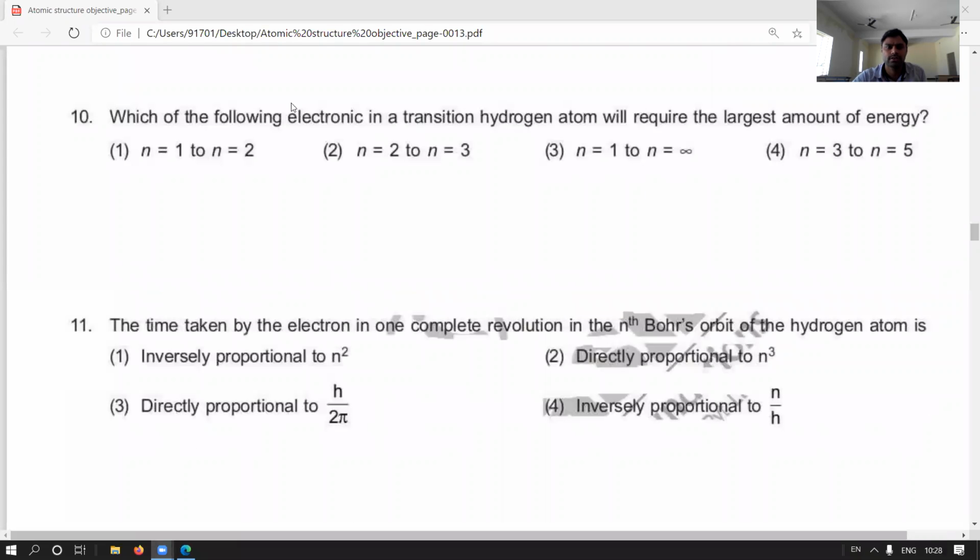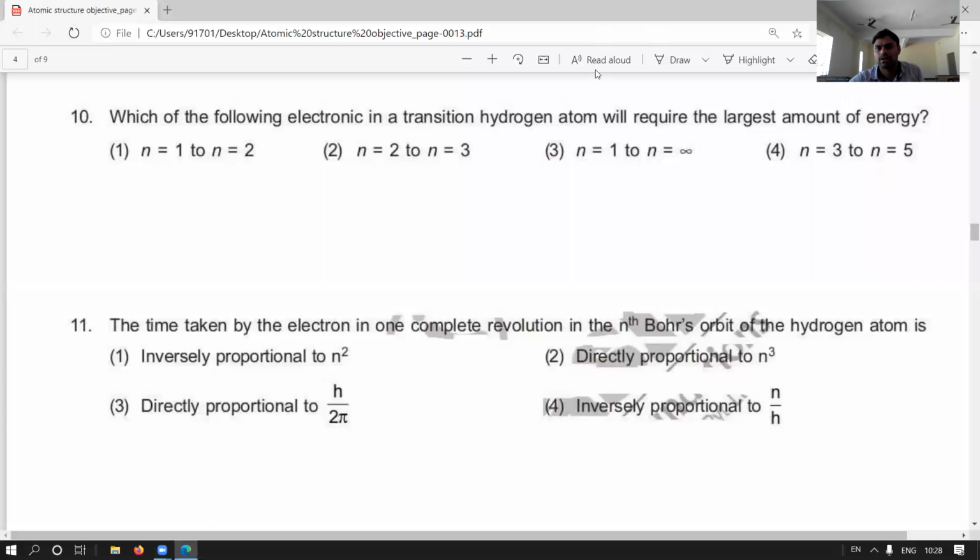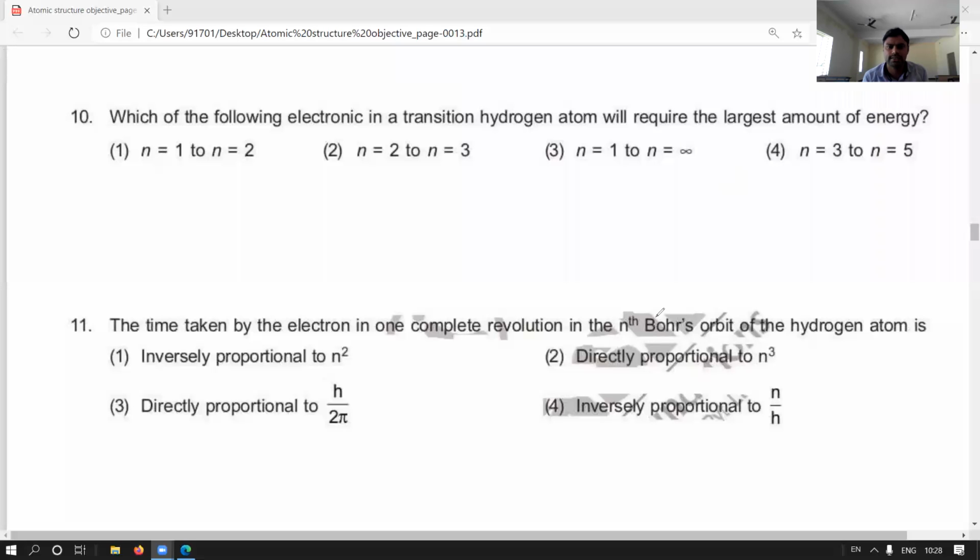10th question. See, in which of the following electronic transitions of hydrogen atom will the largest amount of energy be required? See, this is also energy differences only. N1 is equal to 2. So this is also energy differences. How to solve?